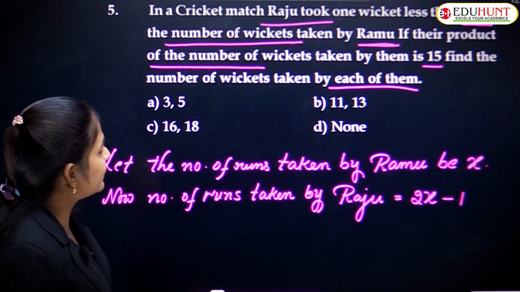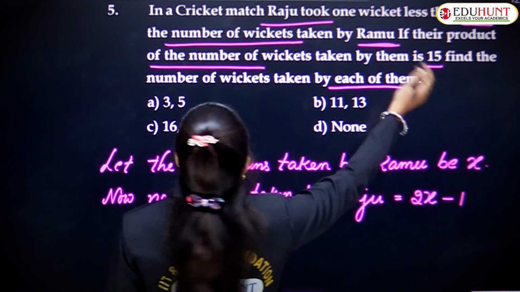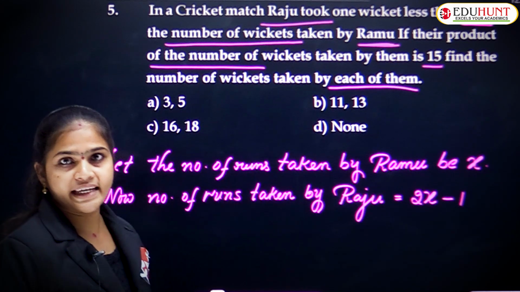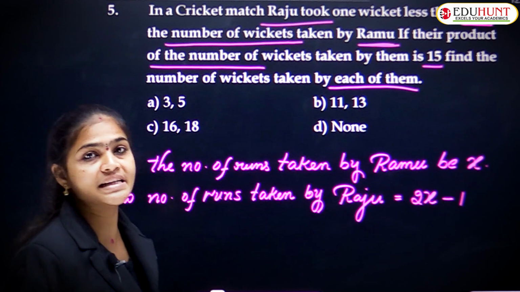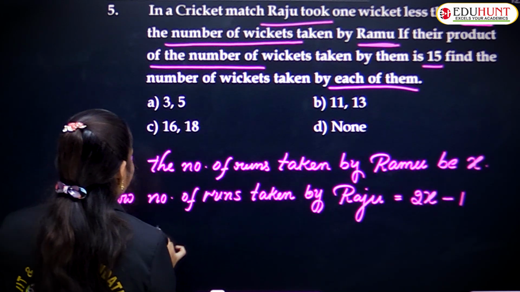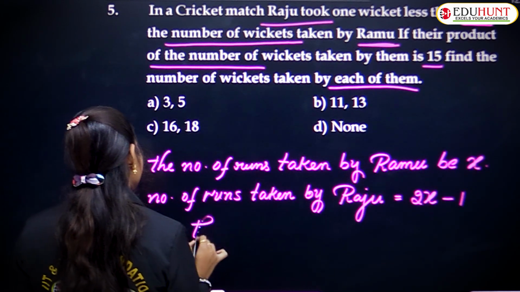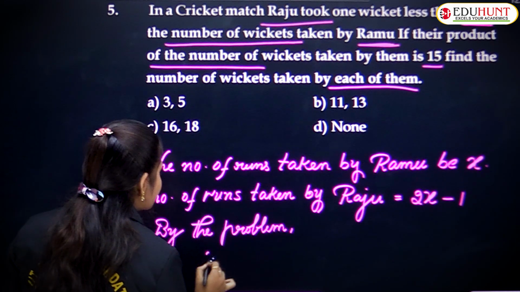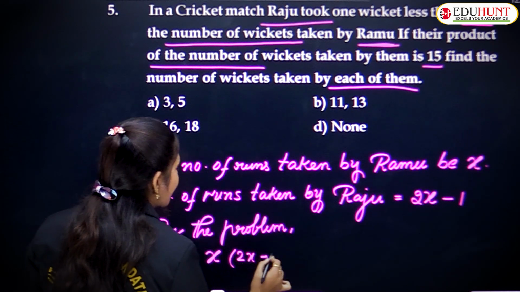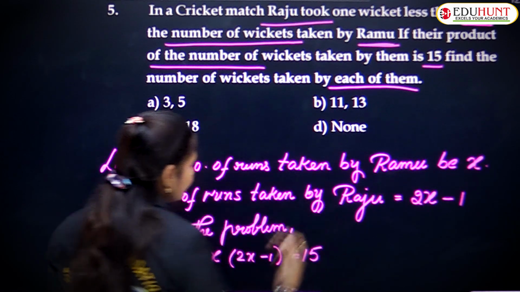And is there any other condition? Yes, the product of the number of wickets taken by them is 15. So by the problem, the product of the runs, x into 2x minus 1, is equal to 15.